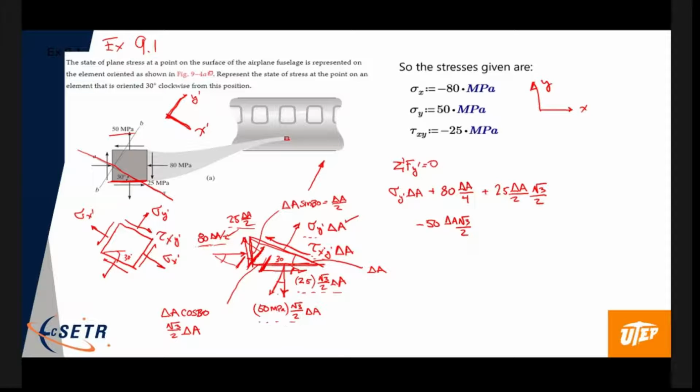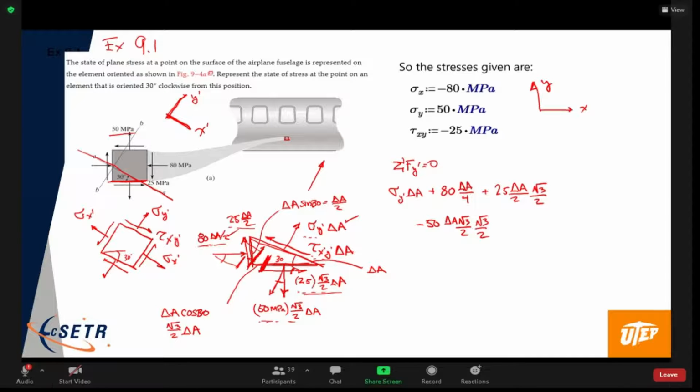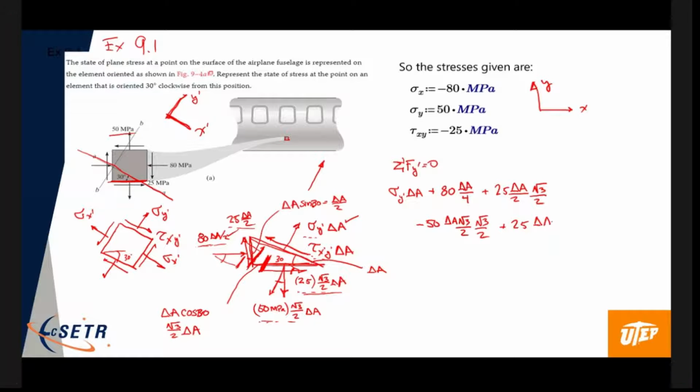This one gets multiplied by cosine 30, so I get an extra rad 3 on 2 on that one, right? And then this one it's the sine component, and it's acting in the positive direction. So it's positive 25 delta A rad 3 on 2 times sine, so that's an additional 1/2. That's the sine component. All that equals 0.